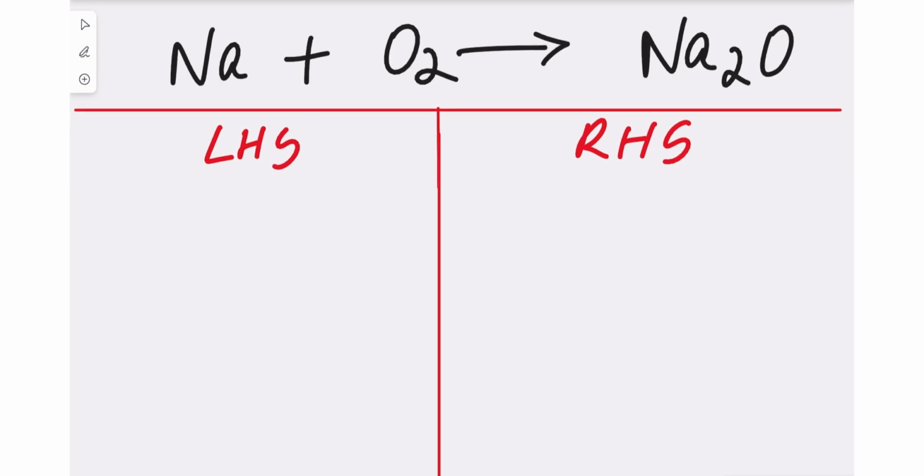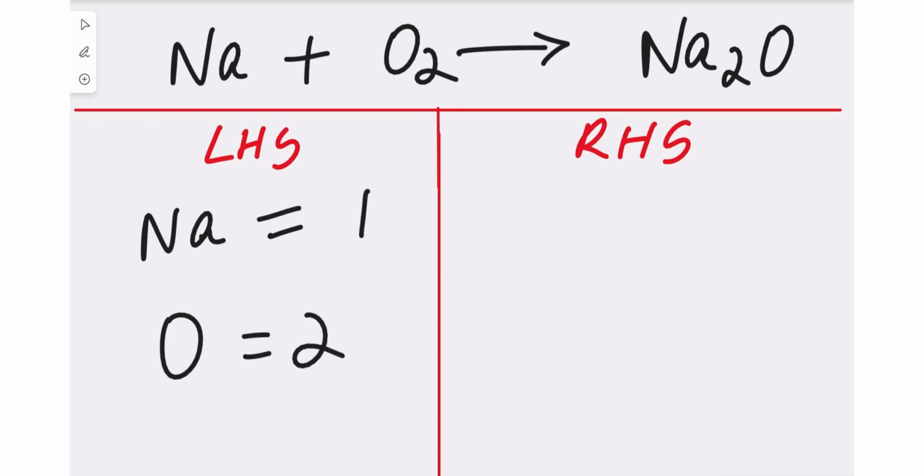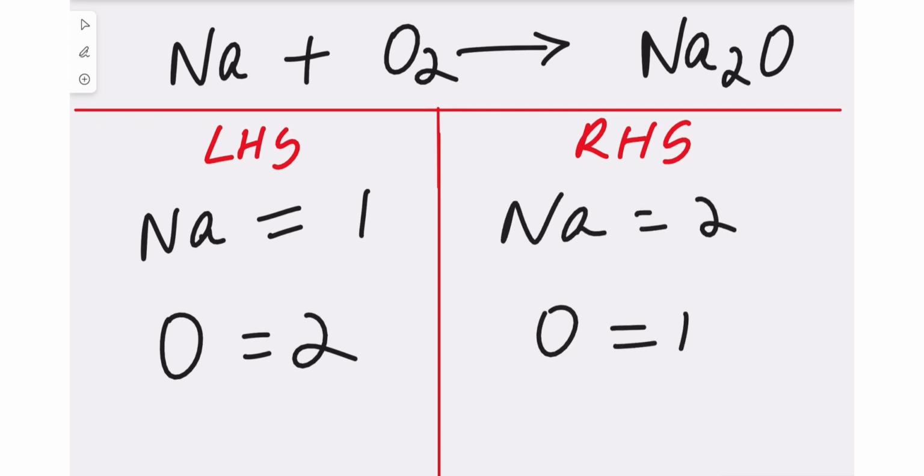So now we're on to this equation, which is Na plus O2 gives Na2O. So this is also pretty easy. We're going to be starting off by writing the number of sodium and oxygen atoms on the left hand side and the right hand side, which makes Na 1 on the left hand side and oxygen 2. And on the right hand side, Na is 2 and oxygen is equal to 1.